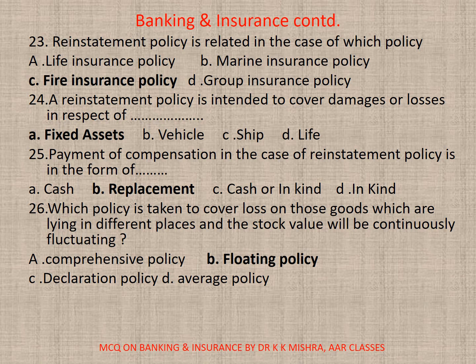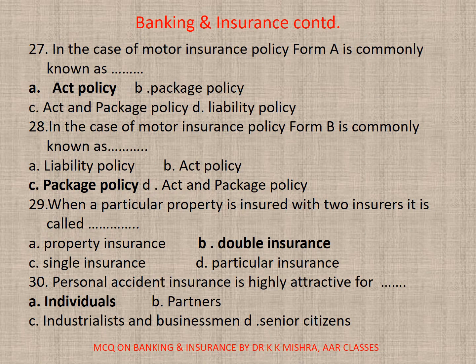26. Which policy is taken to cover loss on those goods which are lying in different places and the stock value will be continuously fluctuating? Correct option is B. Floating policy. 27. In the case of motor insurance policy, Form A is commonly known as A. Act policy, B. Package policy, C. Act and package policy, D. Liability policy.